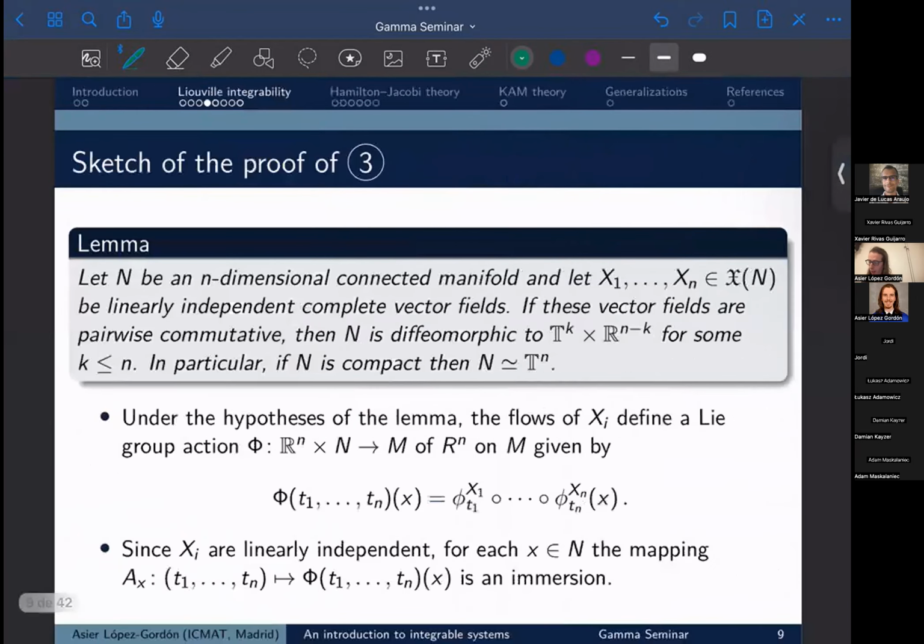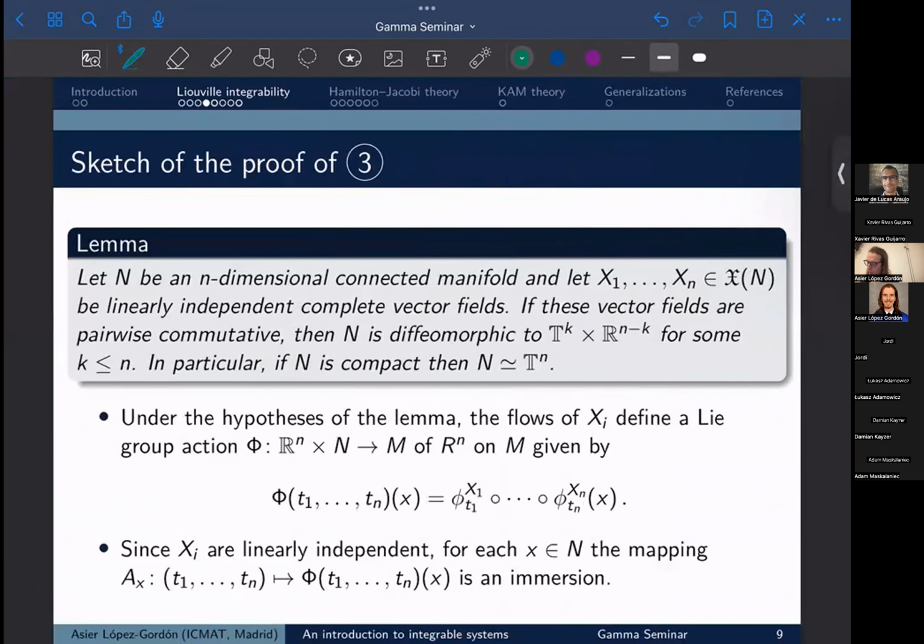Okay, I think I was in the proof of statement 3, which is the diffeomorphism with the torus. Basically, we have this more general lemma, which is the one that I will prove or sketch the proof of.